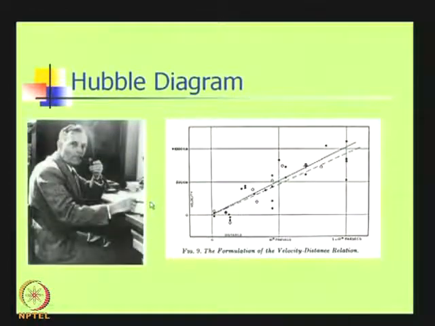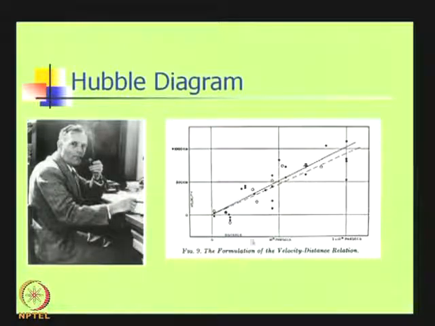So, this is what Hubble had done to start with. Hubble had measured distances to galaxies using Cepheid variables, and he had measured the redshift from the spectra. And this is a picture of Edwin Hubble, and he had measured these two quantities, and he found that they have a linear dependence, a straight line.